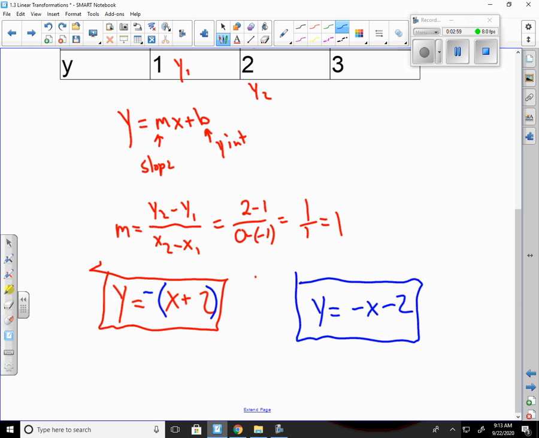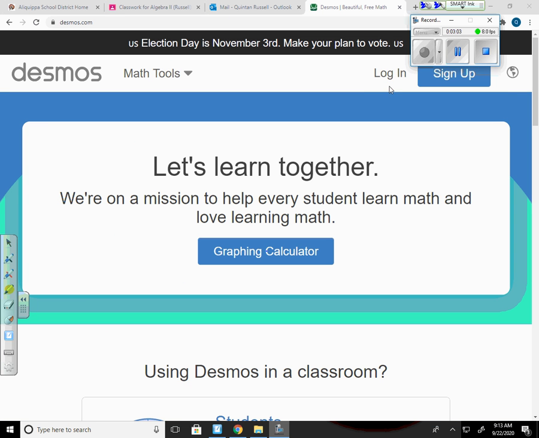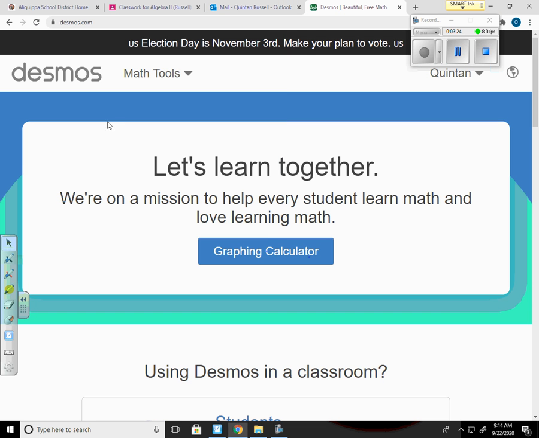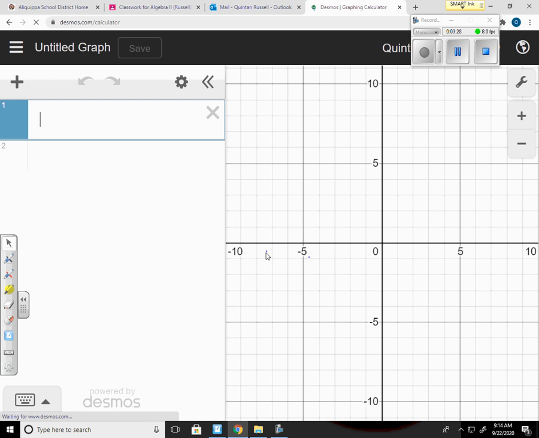If I open up Desmos, I can now log in, and log right in with Google. Then click Graphing Calculator.